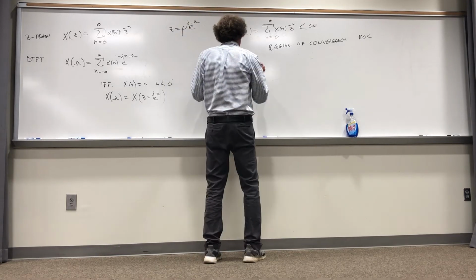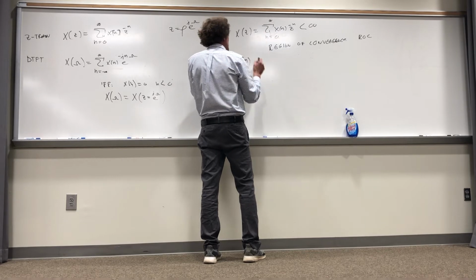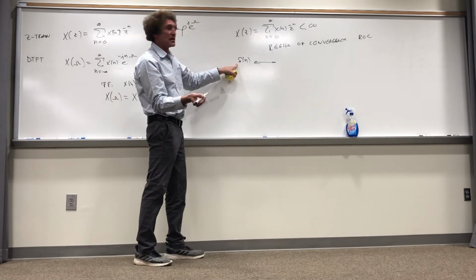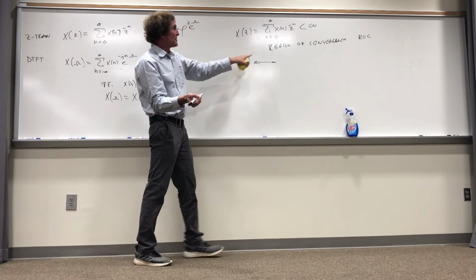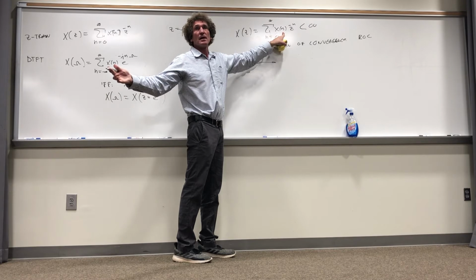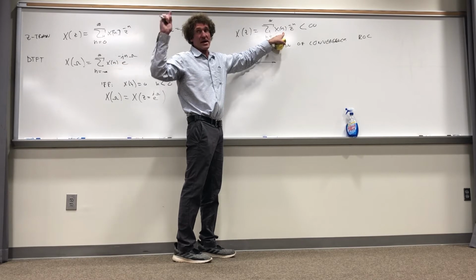So for here, I'll start with delta of n. If I have delta of n, put it in there, what do you get as the transform of that? Just look at it. If you put delta of n in here, delta of n turns on at n equals 0, right? All right, what's the value of delta of n at n equals 0? 1, not infinity, 1, right?